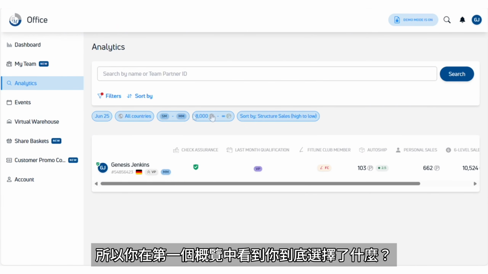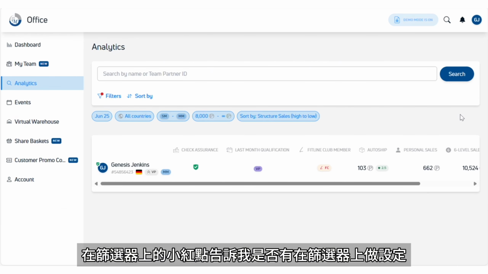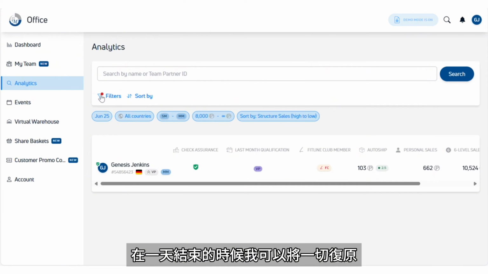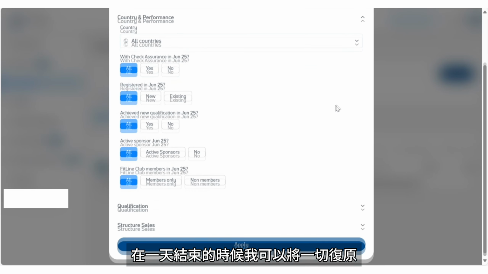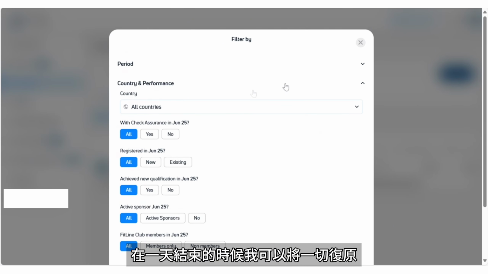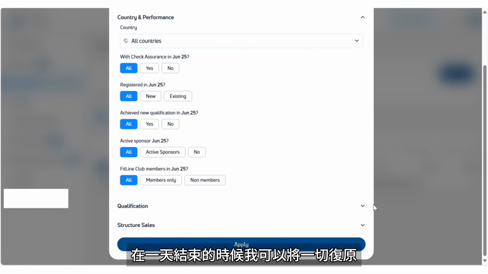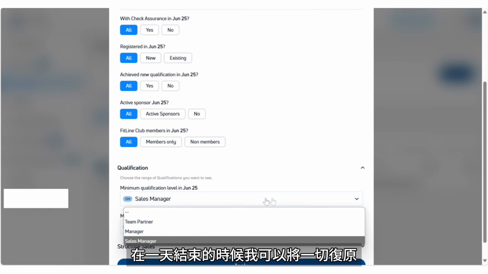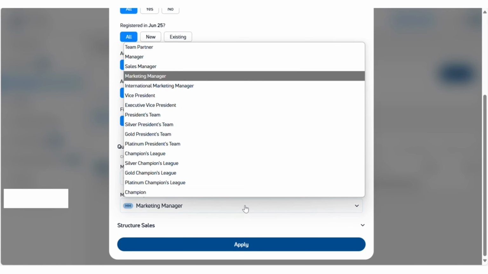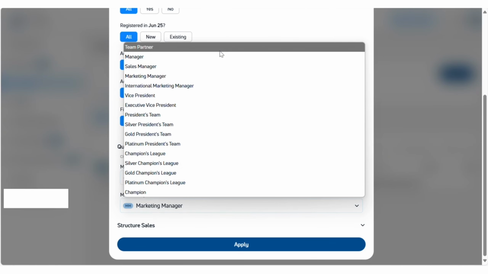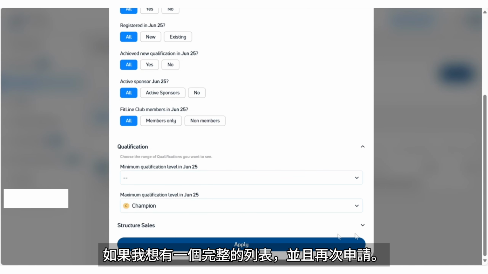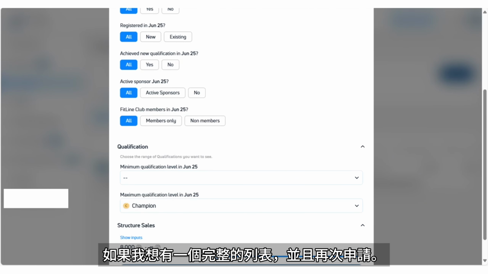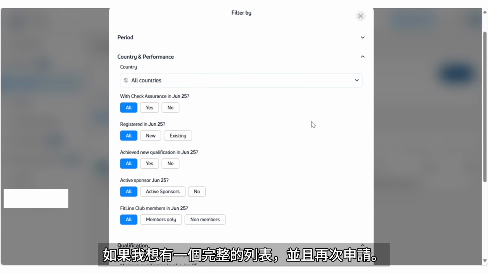So you see on a first overview what exactly you have selected. So the red dot here on the filters shows me that there is a filter existing. At the end of the day, I can bring back everything to what it was before. If I want to have a full list, I can say again apply.